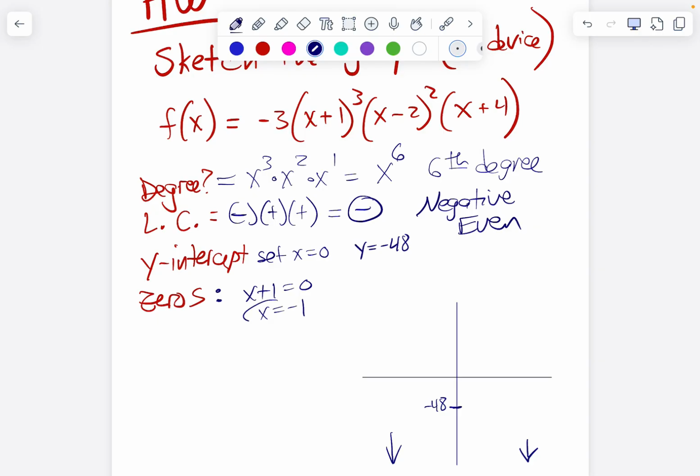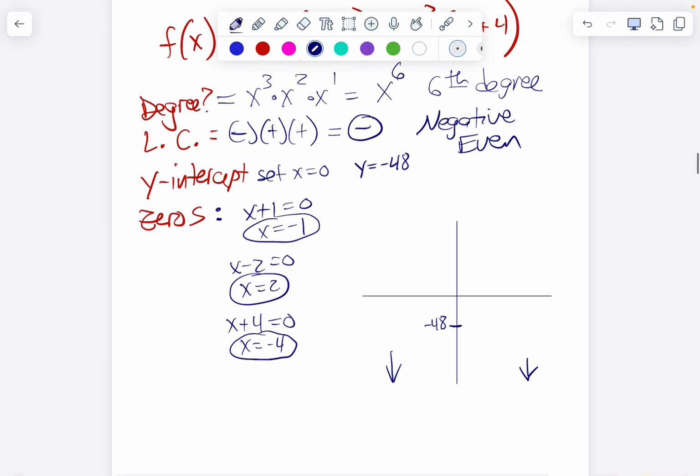So there's one of our zeros. Okay, can x minus 2 be 0? Yeah, at x equals 2. And then can x plus 4 equal 0? When? At -4. Okay, so let's go plot those on our x-axis.